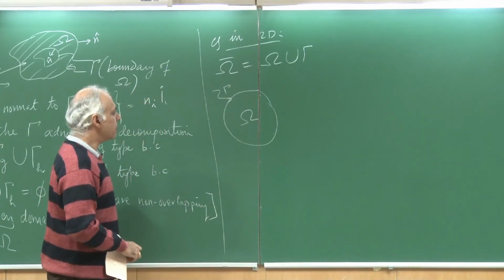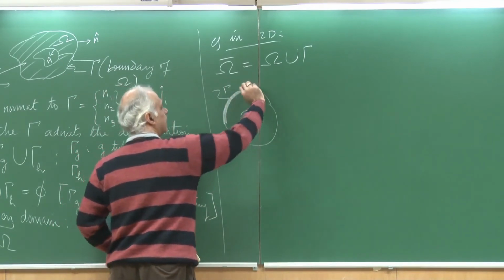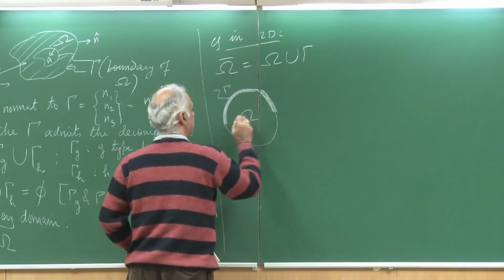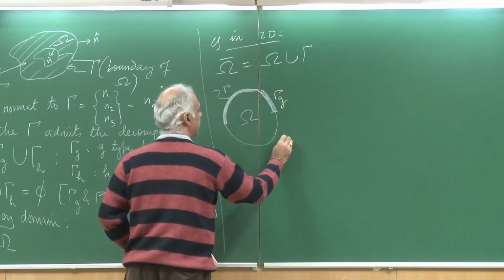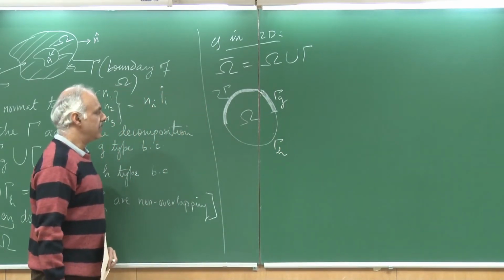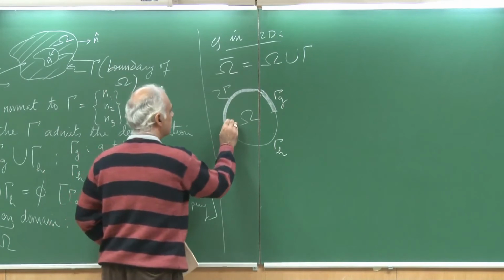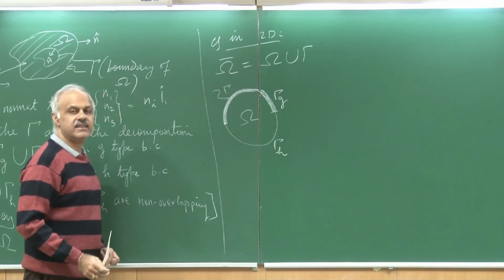I am going to decompose this into 2 parts. So, let us say this part is gamma g and the lower part is gamma h. Now, there is an ambiguity as to which boundary the point on the intersection belongs to.